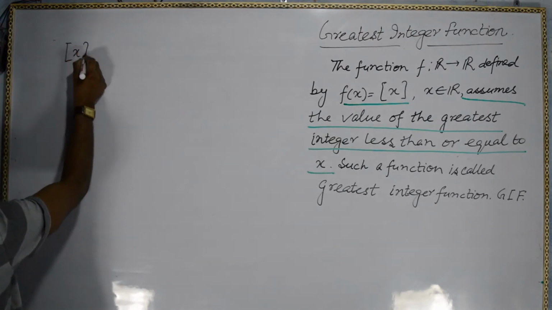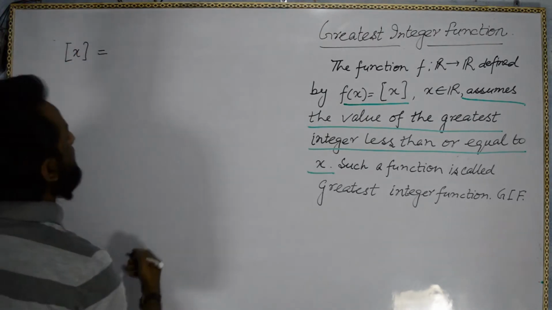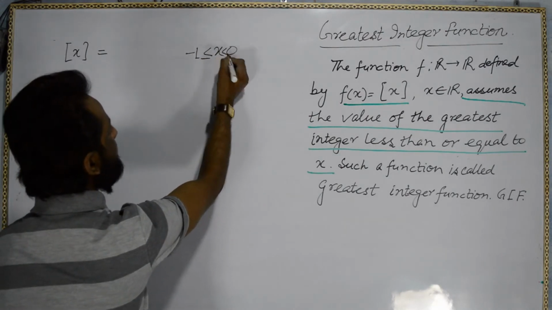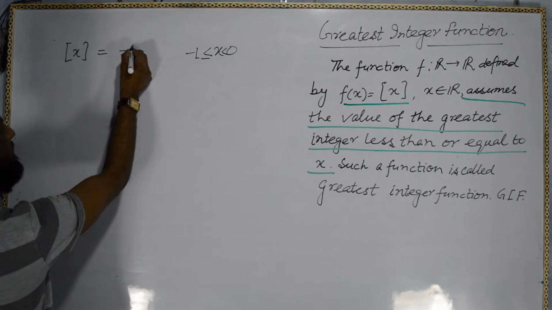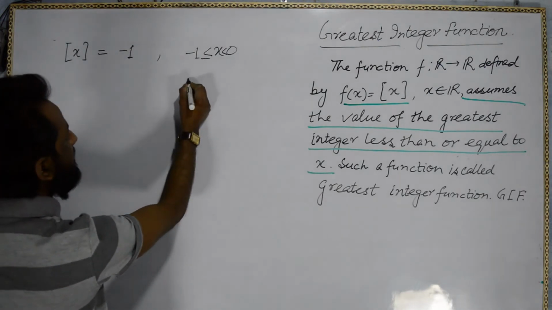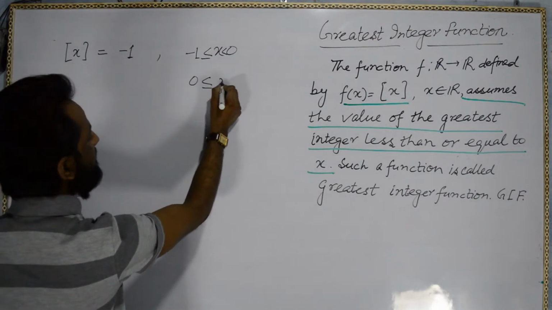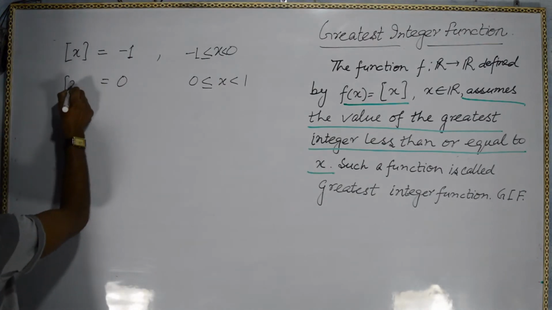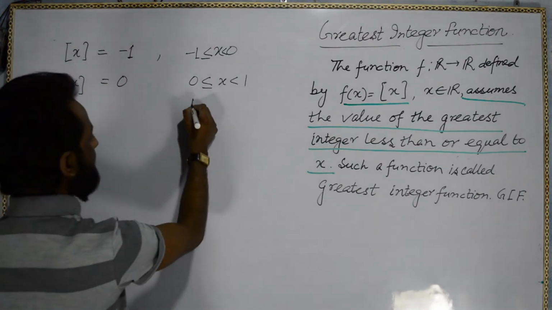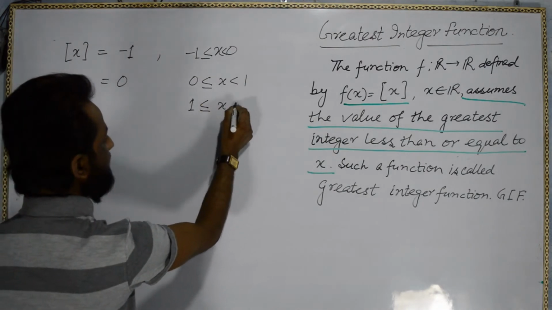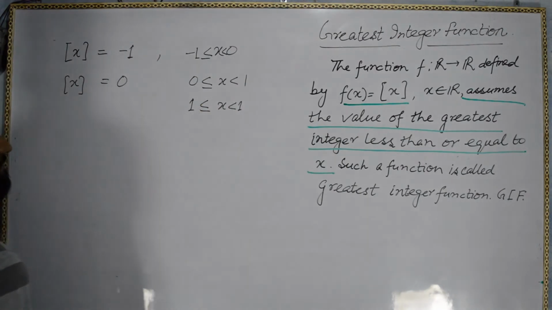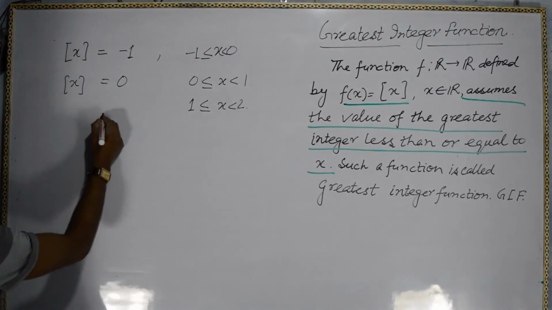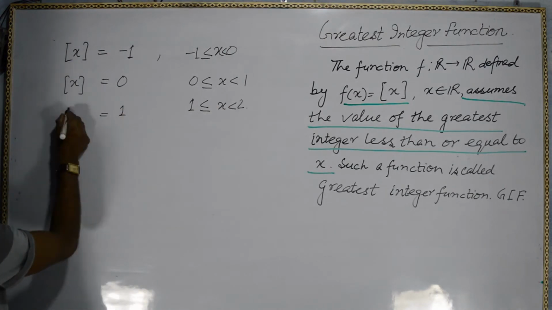Bracket x equals, for x from -1 to 0, it will be -1. Then for 0 to 1, it will be 0. Then for 1 to 2, it will be 1.